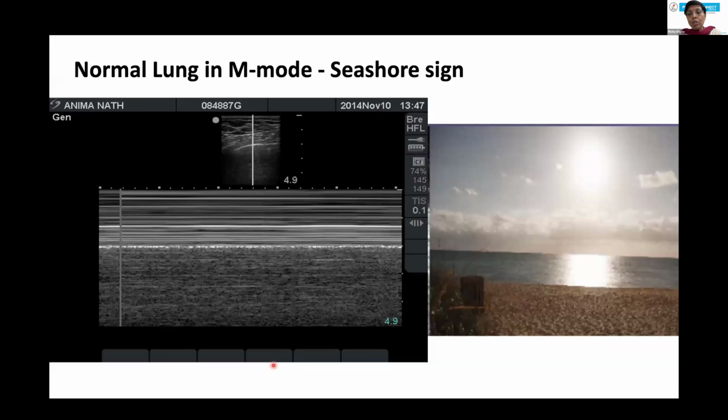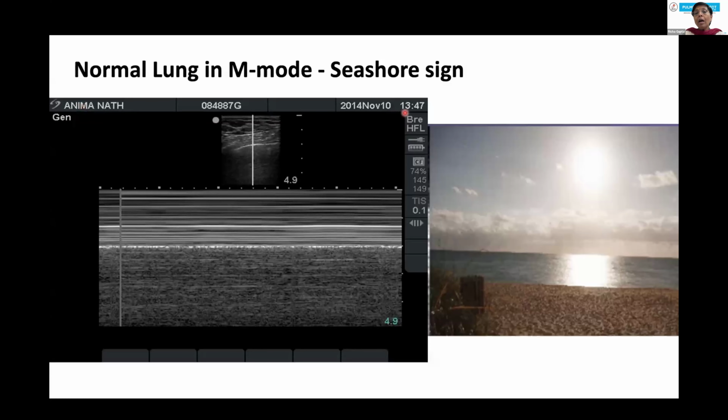Also, there are two modes. One is B mode and one is M mode on an ultrasound machine. B mode is the brightness mode, which is the normal mode we use for scanning our patients. And M mode is nothing but a time motion display of an ultrasound line at one point of time. Because M mode is useful in certain scenarios, I would like to show how the normal lung looks in M mode.